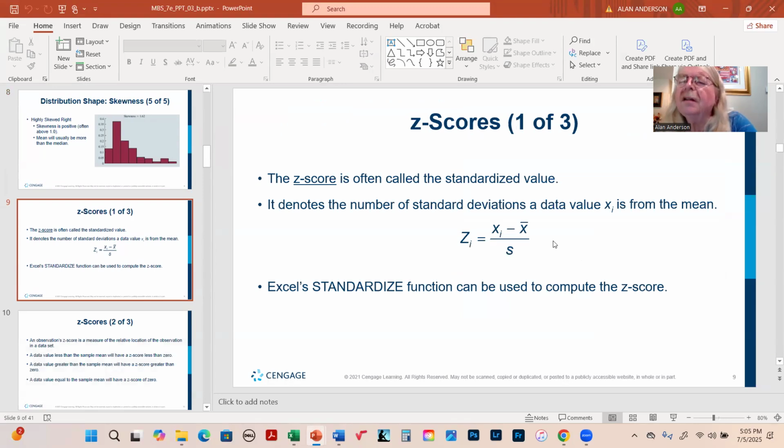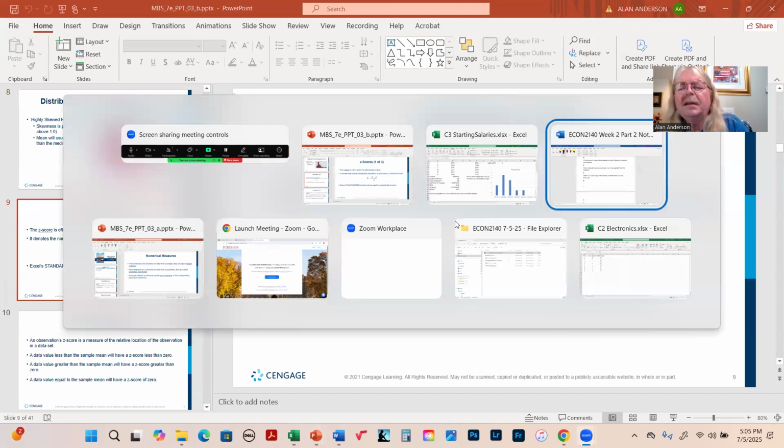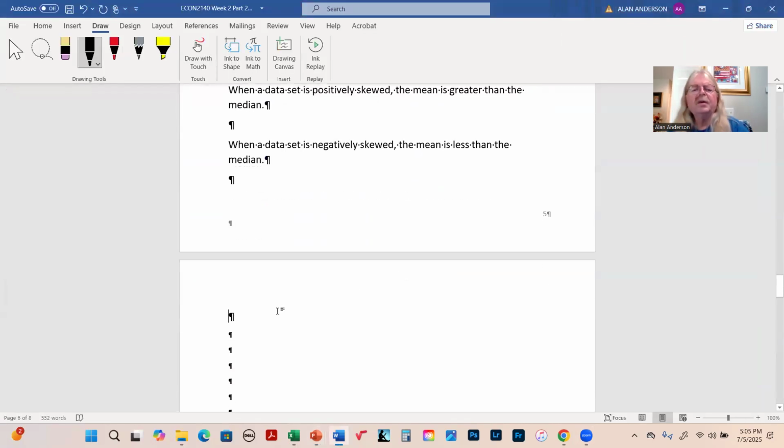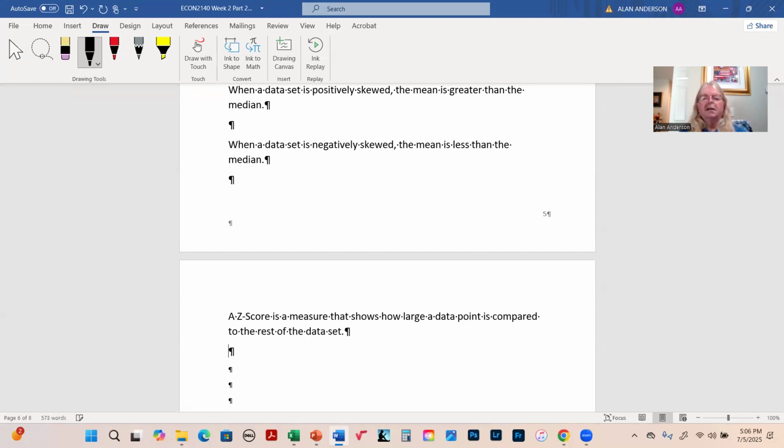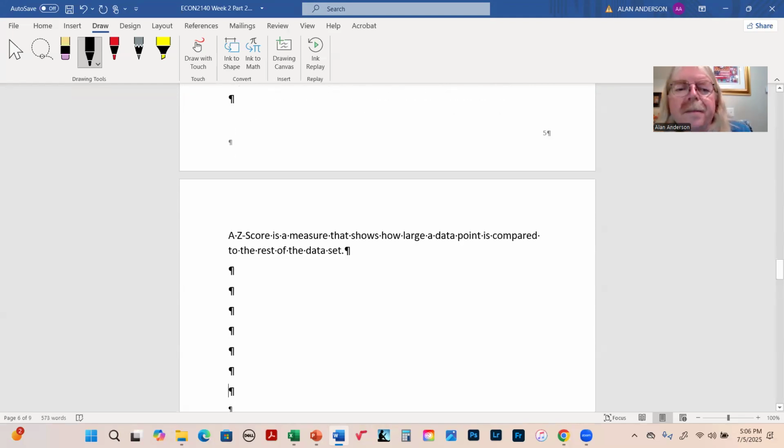Now, here we have something we'll run into again later on in the course, something called z-scores. Like I said, we'll see a lot more of this later on, but a z-score is a measure that shows how large a number is compared to the rest of the data set. Now, this is based on a very specific distribution of the data.